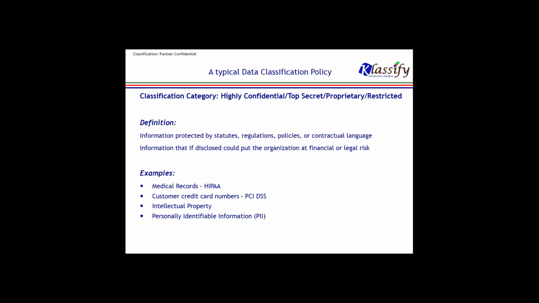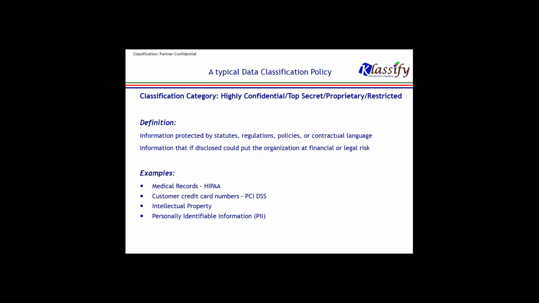A statute like the Payment Card Industry Data Security Standard governs it. There are huge penalties associated with disclosure of credit card information and any other personally identifiable information of an employee of an organization, which is again guarded by a huge set of regulations in terms of its disclosure, and is highly confidential information of an organization. It's top secret. It is proprietary to that organization.